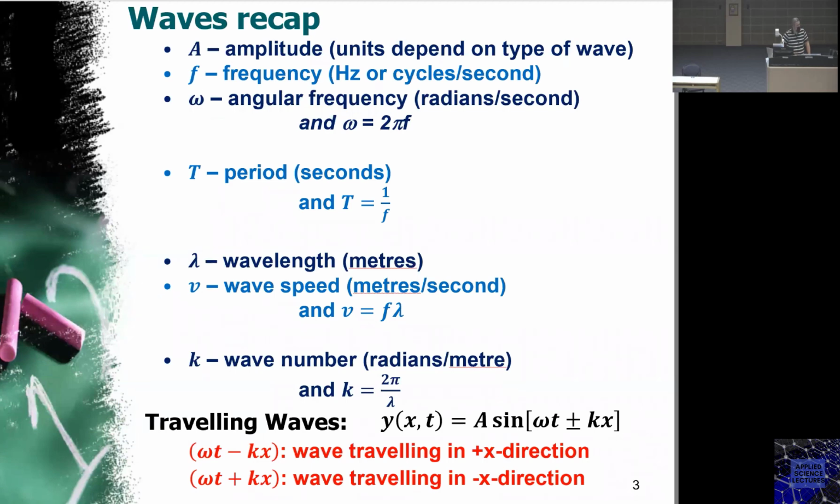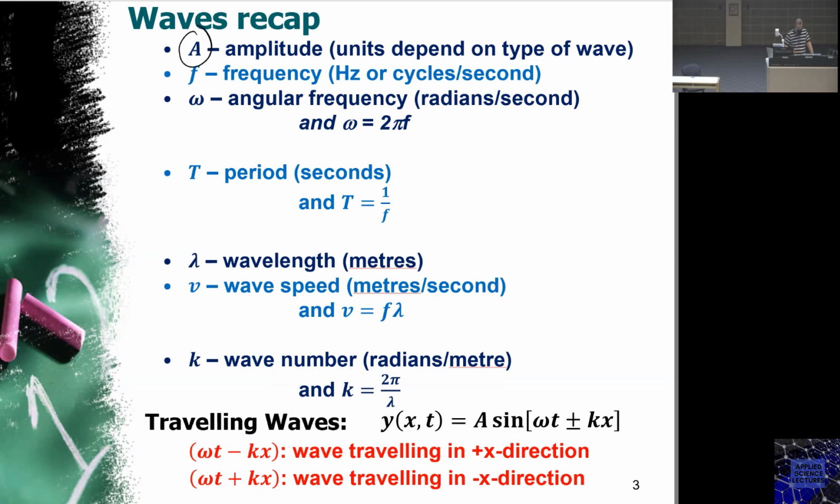Okay, so to refresh your memories from last lecture, we introduced the traveling wave, or sometimes we call it the incident wave. We introduced the function of the incident wave, and we explained all the definitions related to that function.